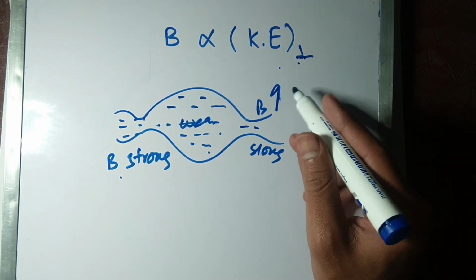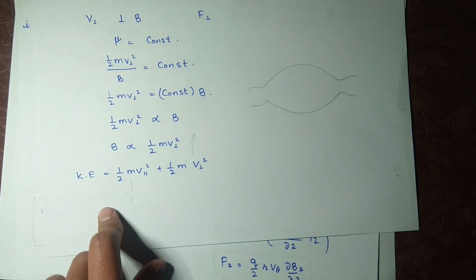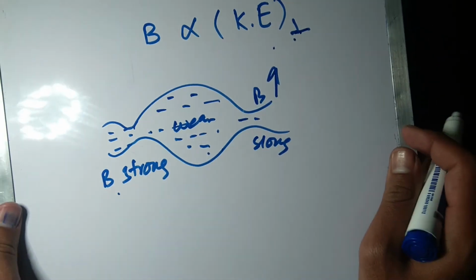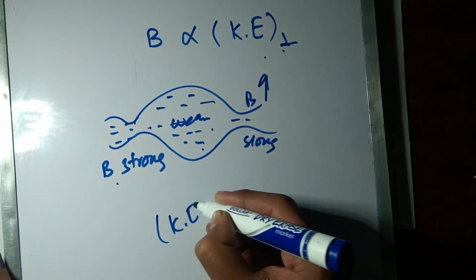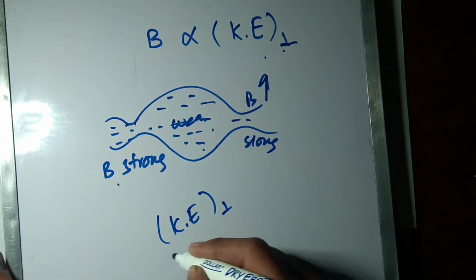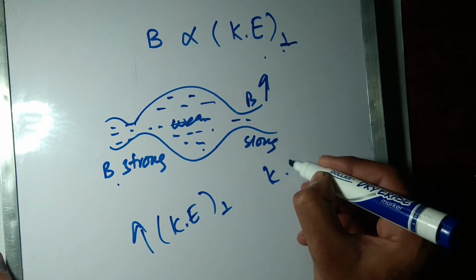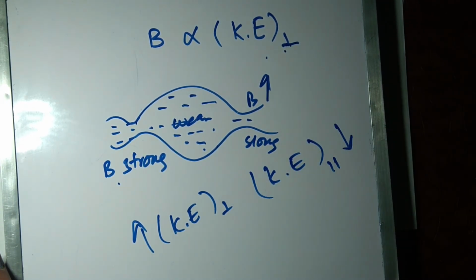And as this value increases, from this formula the total kinetic energy is conserved. It means that if the kinetic energy of the perpendicular component increases, then the kinetic energy of the parallel component will decrease.